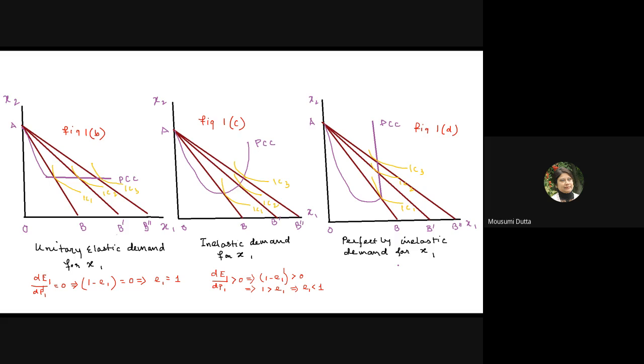In case of the second diagram, PCC is positively sloped. As P1 is falling, demand for X1 is also falling. So dE1 by dP1 is greater than 0.